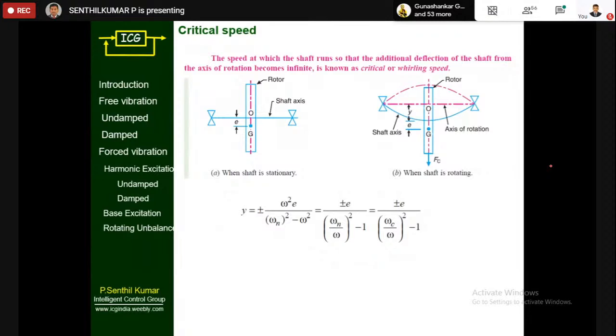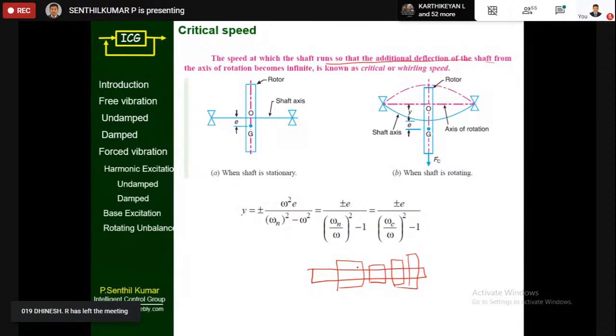Then critical speed. This is another important topic. Probably you have done one experiment on critical speed. It is a speed about which abnormal vibration takes place. I can give one example. Take a car shaft. There is a shaft between two wheels. If you see the shaft, it won't be uniform in size. There is always a change in diameter. Why?